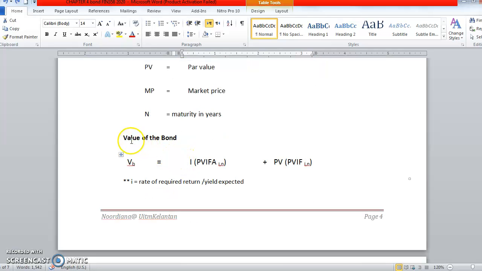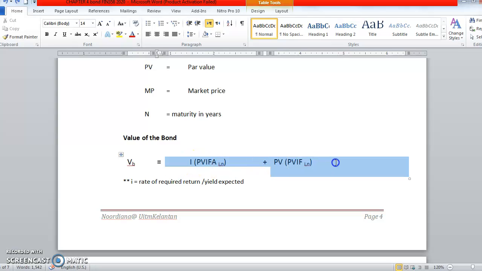How about value of the bond? The value of the bond is quite rare being asked in final exam. But this is how you calculate. Yang ni, you have to remember how to find the PVIFA and PVIF. So, value of the bond is kita mencari value sebenar bond tersebut.